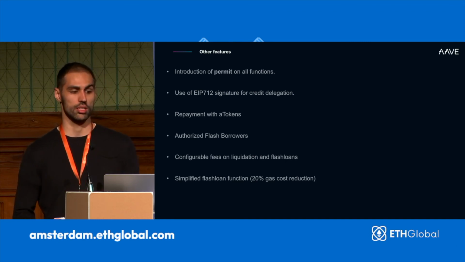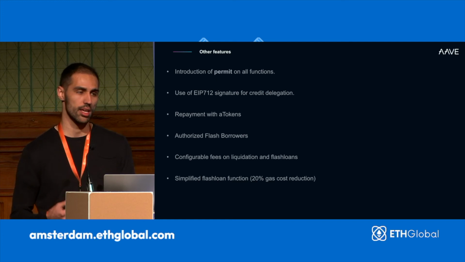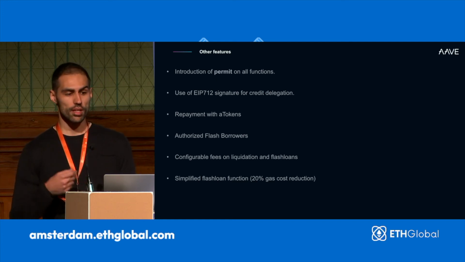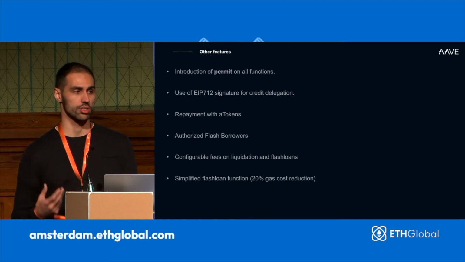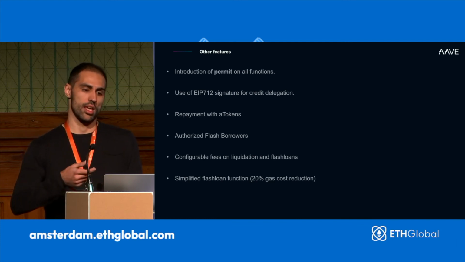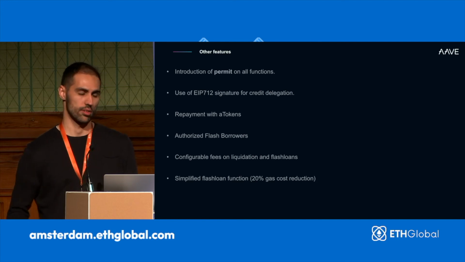So if a user has a debt of 100 USDC, they can provide 100 aUSDC to repay the debt. This, as I said, increases the user experience, but also helps the protocol just in case the underlying assets get locked in the Aave pool contracts for some reason.